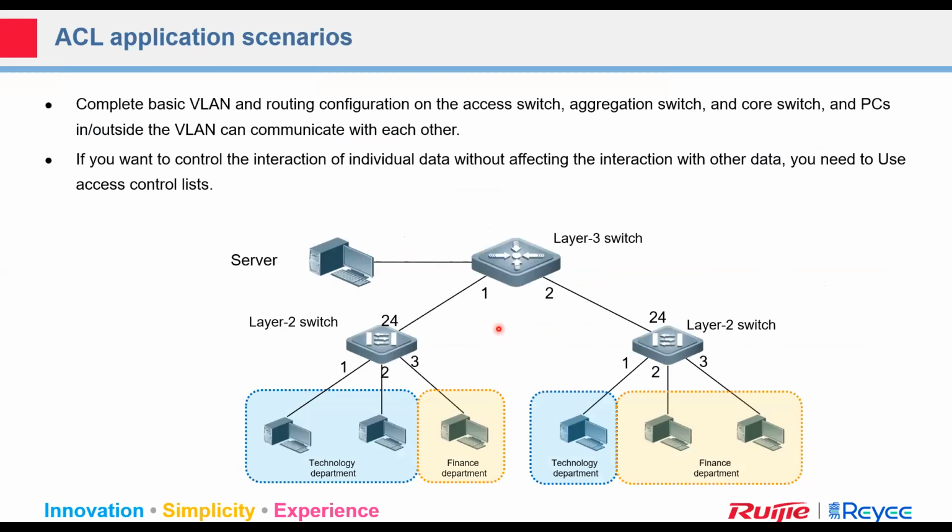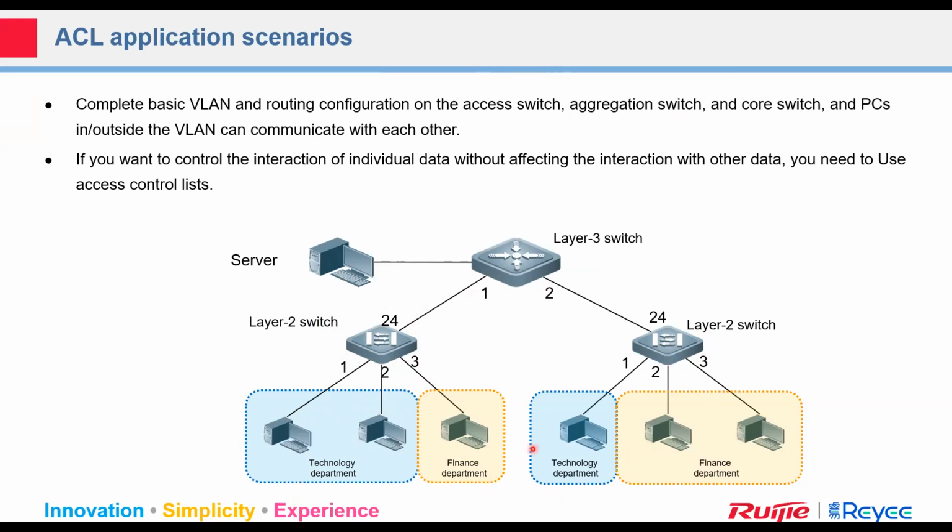Next, you can apply an ACL on the NBS switch. This is a basic VLAN and routing configuration of the access switch, aggregation switch, core switch, and PCs inside and outside. You can do an ACL in between on the switch itself. This is to control individual data interaction without affecting the whole traffic.